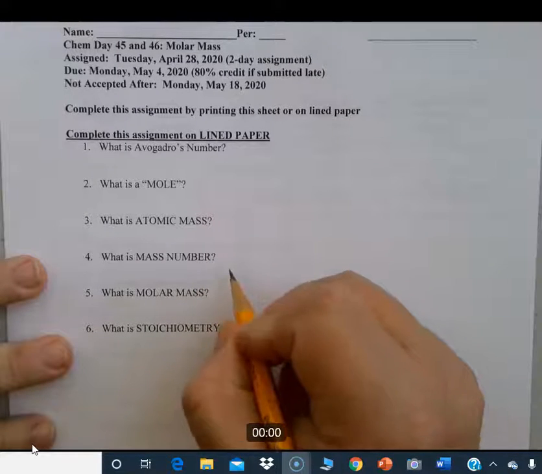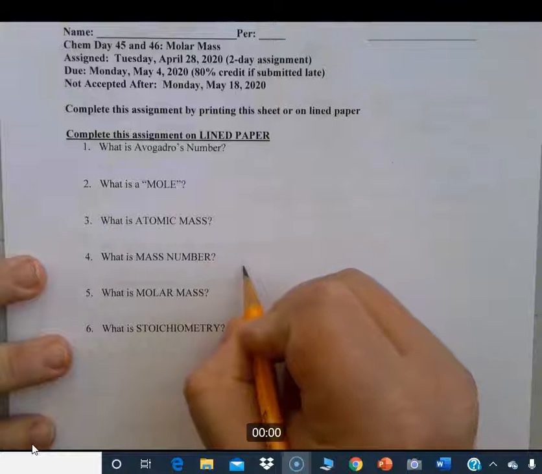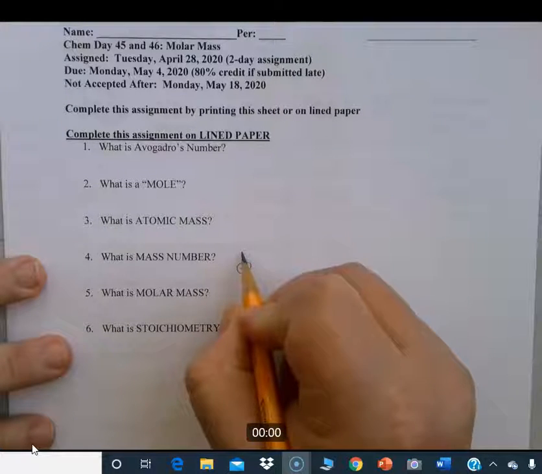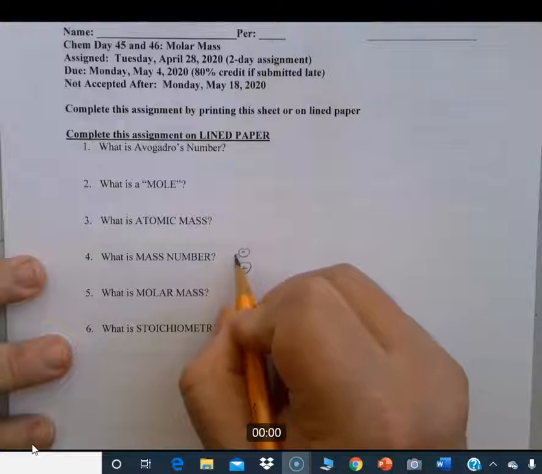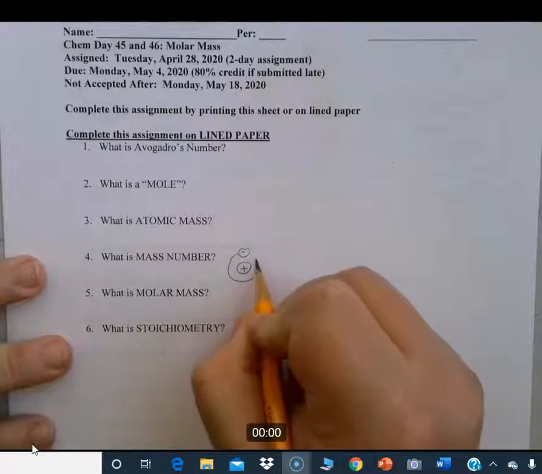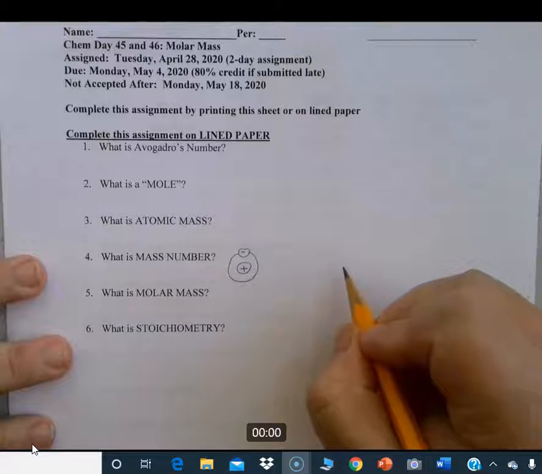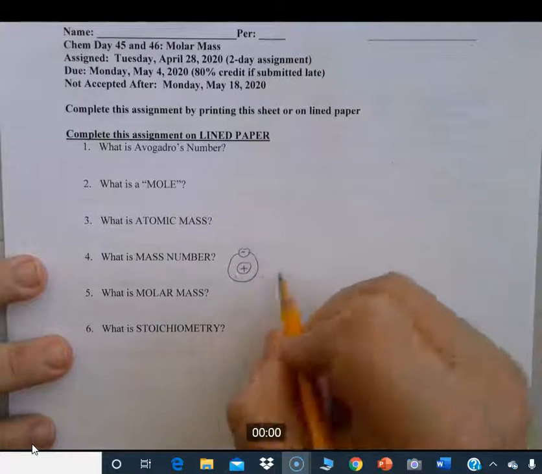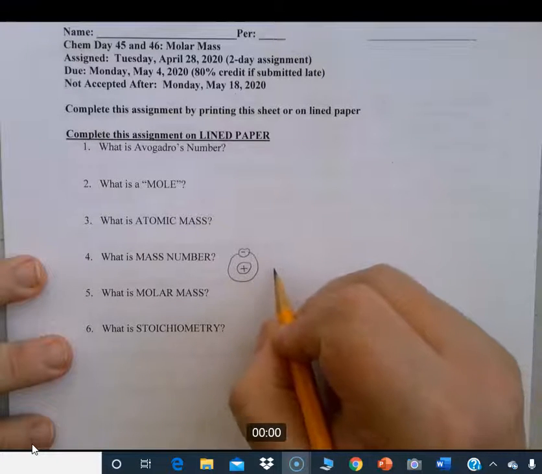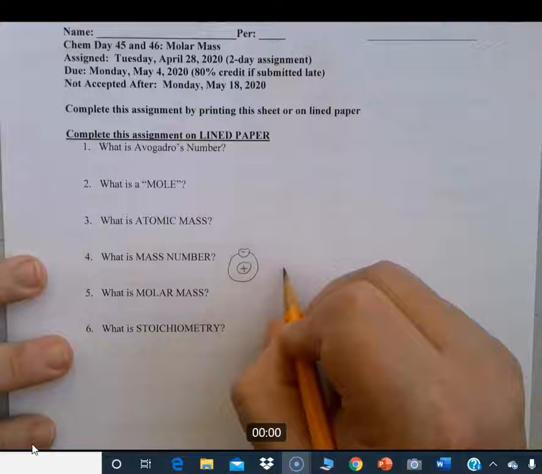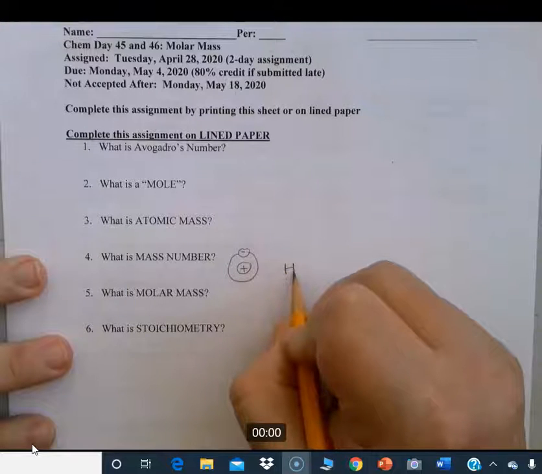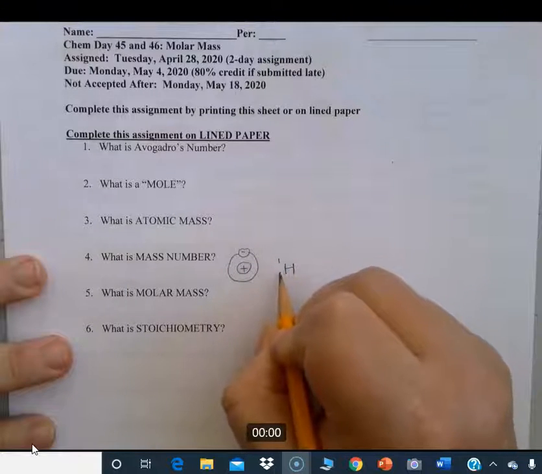Let me start with mass number. Let's say that I have a hydrogen, so there's a proton, and there's an electron, and that one electron and one proton represents a hydrogen atom. Let me finish this. The mass number of this hydrogen is 1, 1.